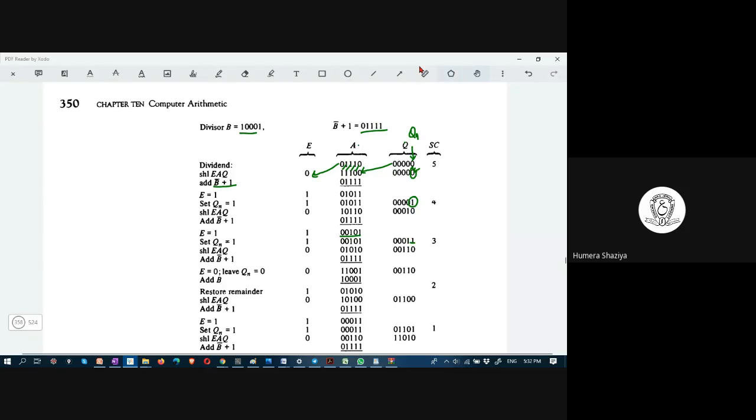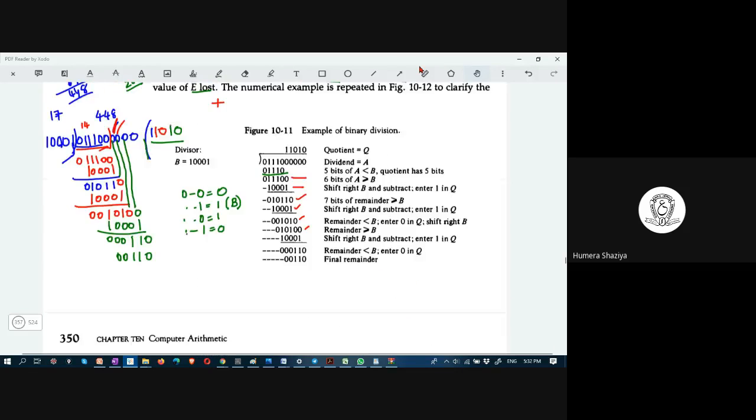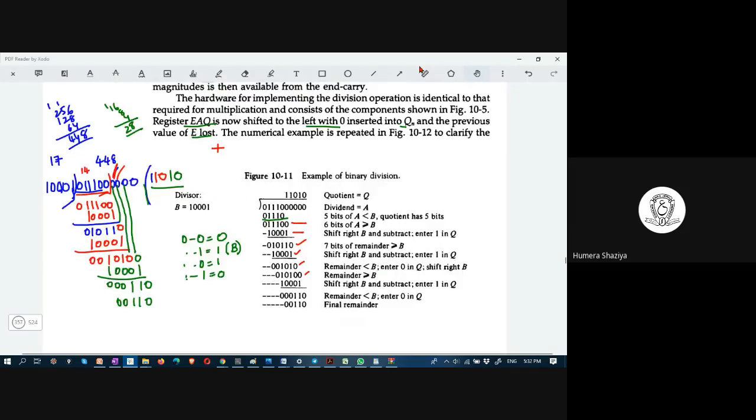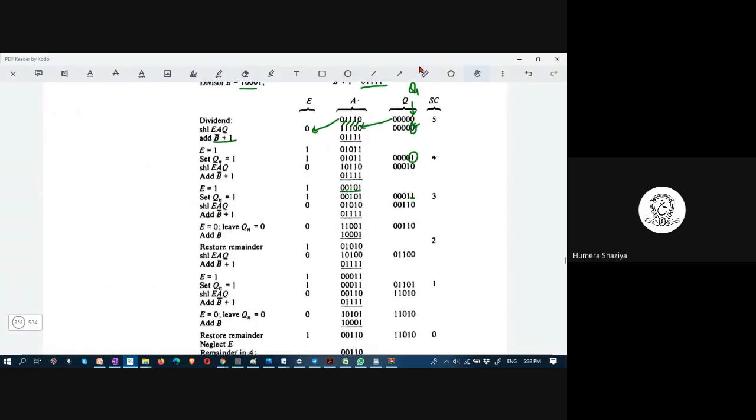Here we saw already, only in the first step A was smaller. Later, A was greater. At this point also A was greater. This point A was greater. Wherever A is greater than B, E receives a value 1.